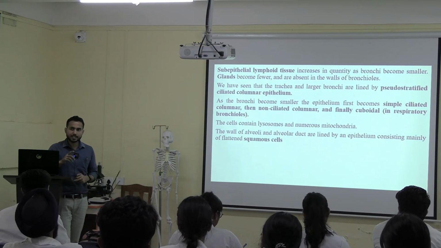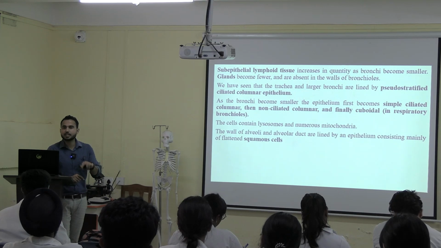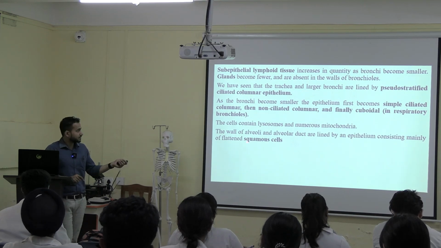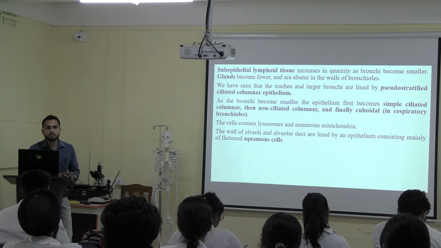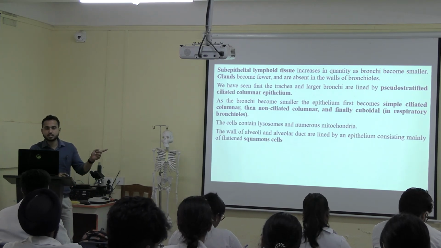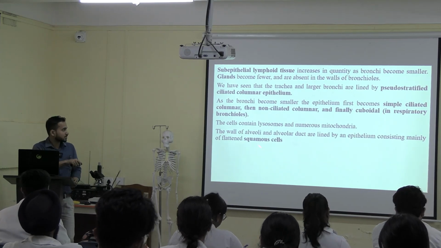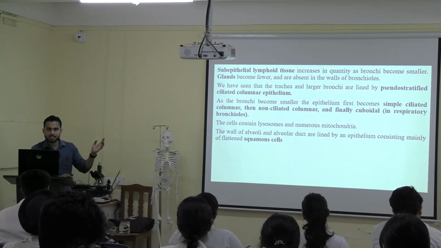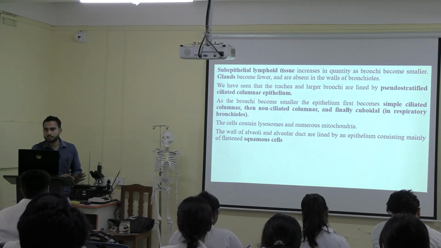Once you enter the alveolar duct and go to the alveoli, further changes take place in the lining epithelium, and it becomes simple squamous epithelium. So in the trachea, we have seen respiratory epithelium, and once you go into the alveoli, we get the simple squamous epithelium. These are the changes taking place in the tracheobronchial tree.